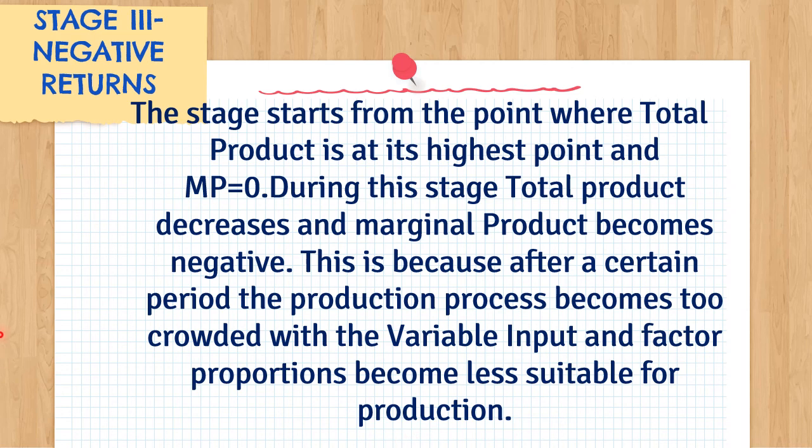So you saw in the example, when the seventh unskilled laborer was added, the production process was too crowded with that variable input, and therefore the factor proportions became less suitable. Does a producer ever want his output to decline the more laborers he employs? No. So there is a certain point at which he would have to stop employing unskilled labor.